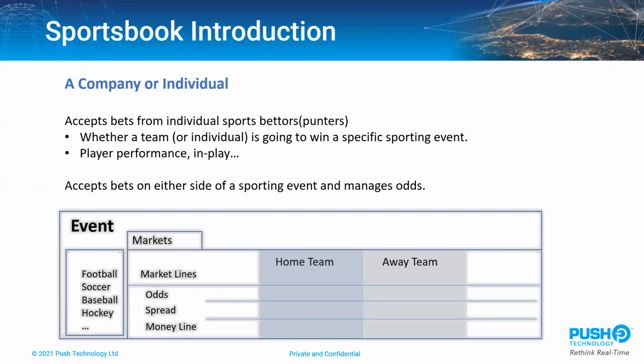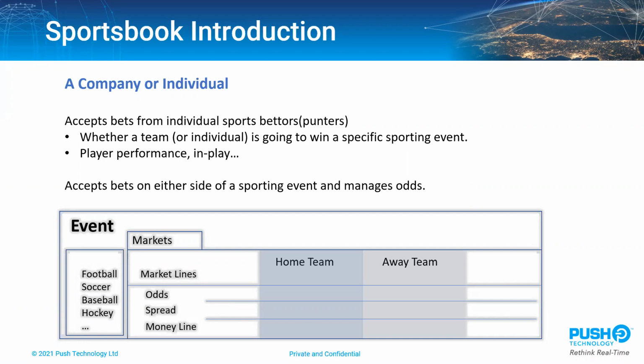All right, so I'm just doing a level set and introduction to what a sportsbook is and what they do. They're an organization, an entity which accepts bets, which provides the opportunity for customers, for gamers and players, or as they're known in the UK and EMEA, punters, to interact with an interface with services that exposes specific events and types of events.